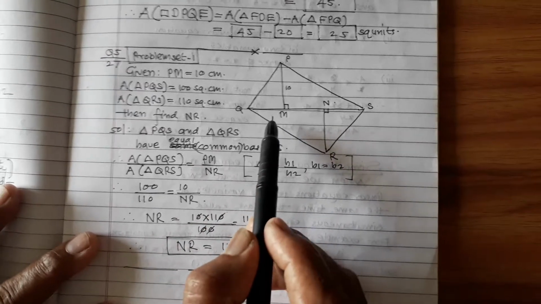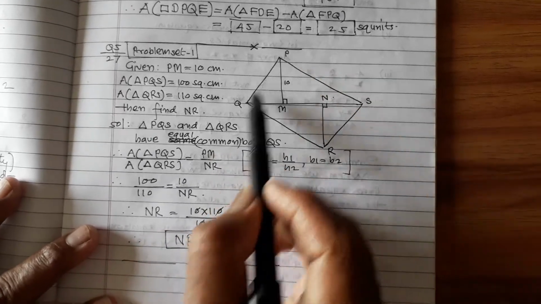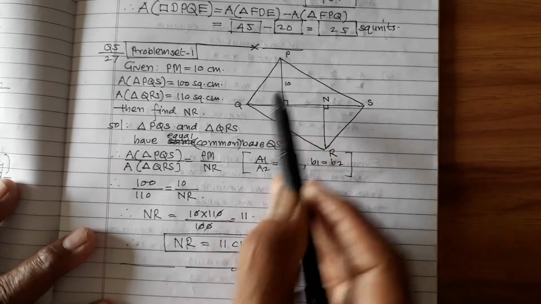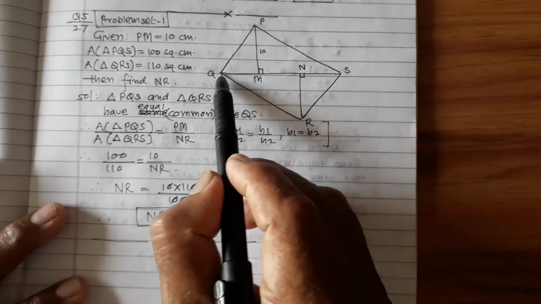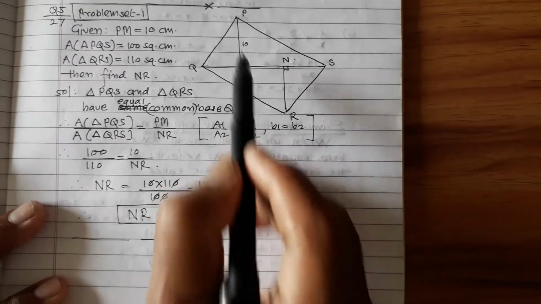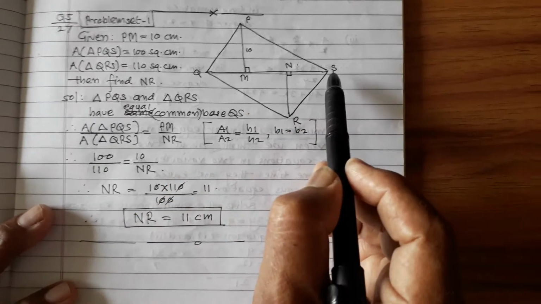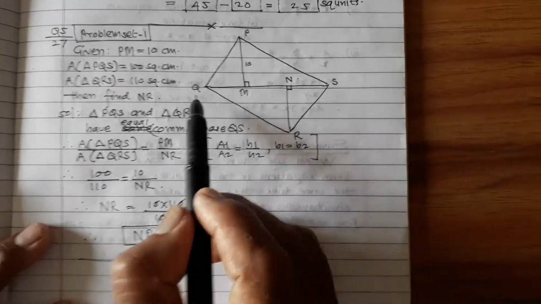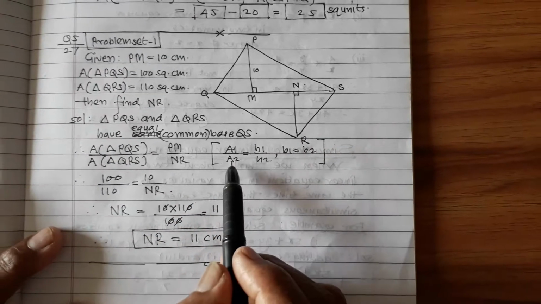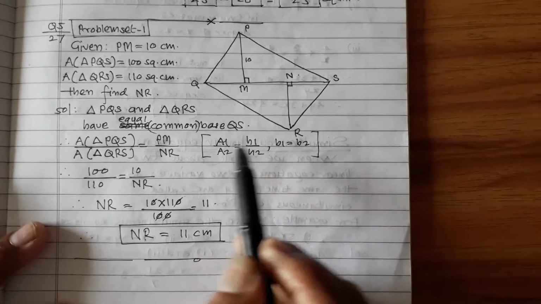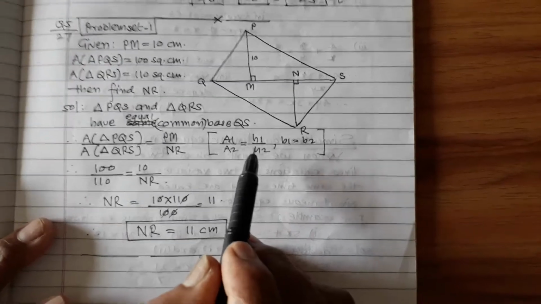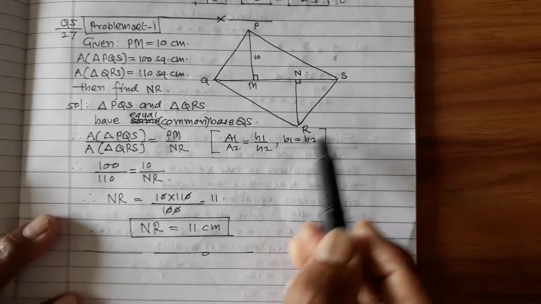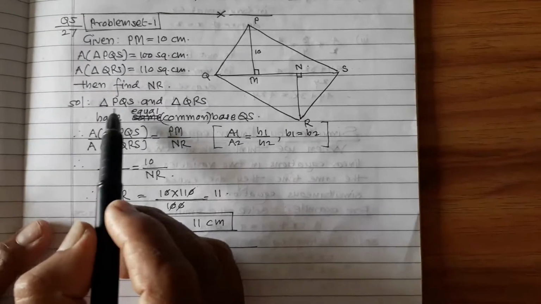Now in this case, observe properly. I will use a property. Now this is a triangle and this is a triangle. This is the height of this triangle, this is the height of this triangle, and this is the base. So in these triangles, the base is common. That means it is equal, and therefore I use this property: A1 upon A2 is equal to H1 upon H2 when B1 is equal to B2. Okay, so this gives you the answer very fast. Now solution.